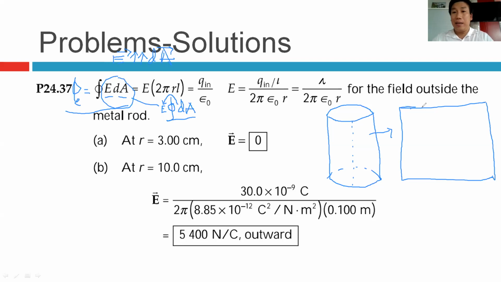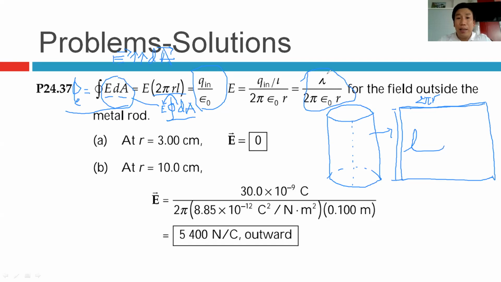In this area, the length is 2 pi multiplied by r, and the height is L, the height of the cylinder. So that's why you have the area here, and from Gauss's law you can determine the value here.